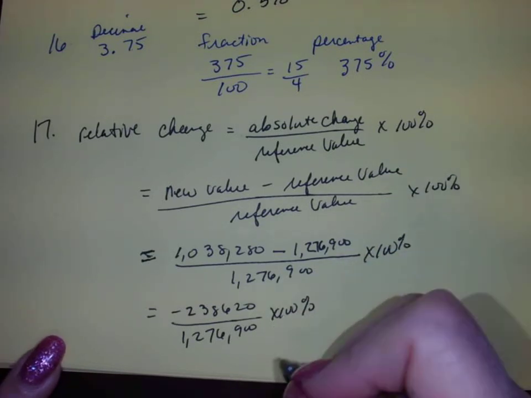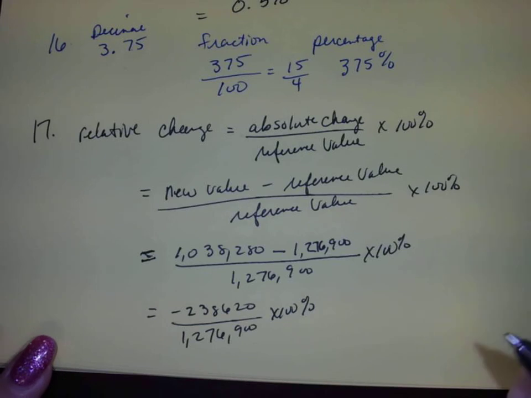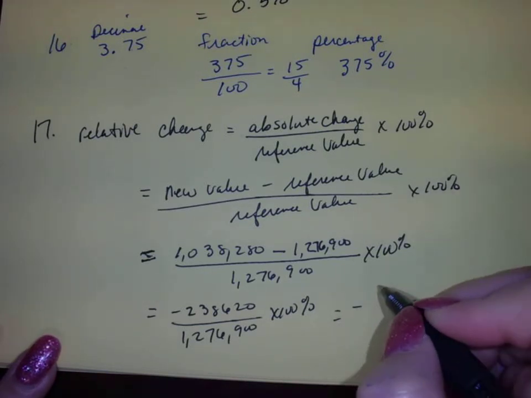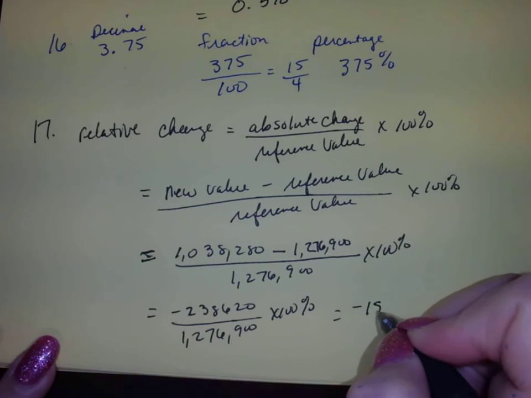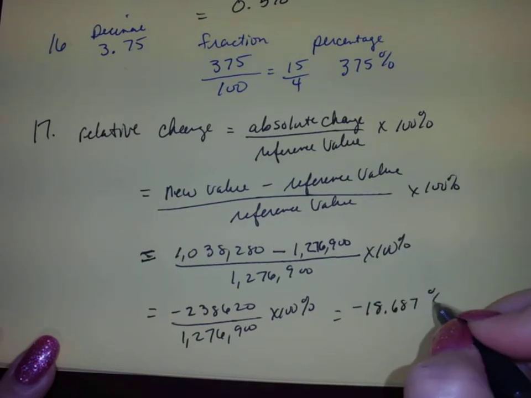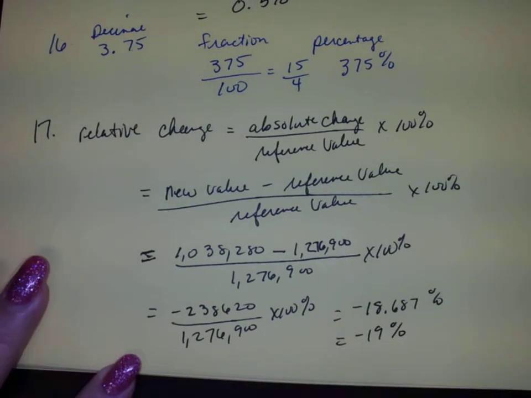Now at this point, you could put this in the calculator, and it's going to get you like negative 18.687%, and you can change that to negative 19%, okay?